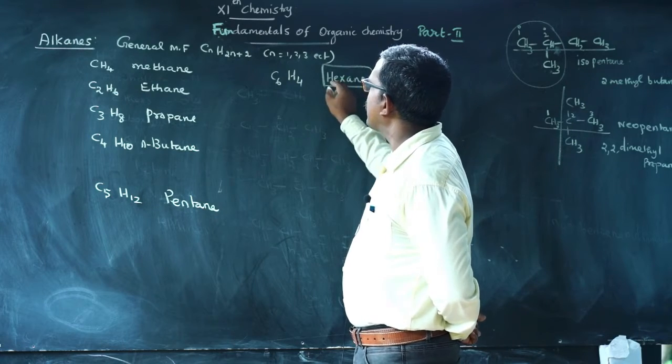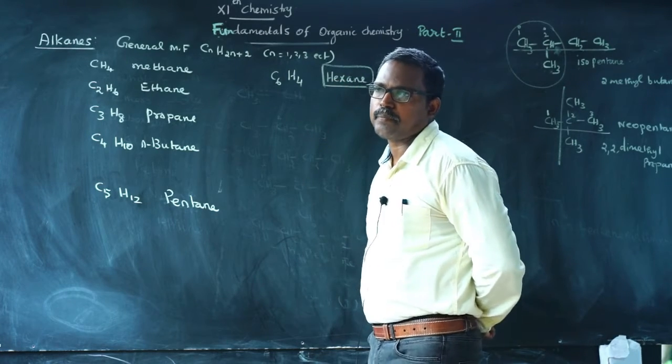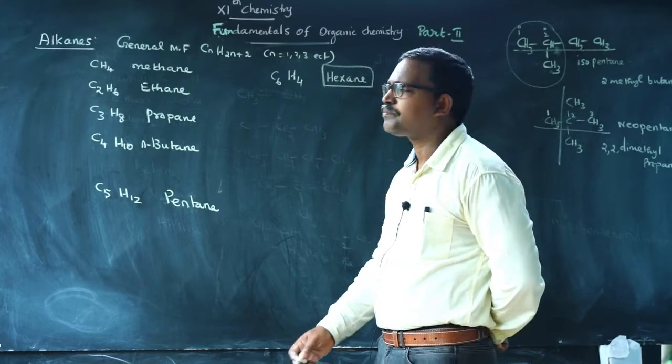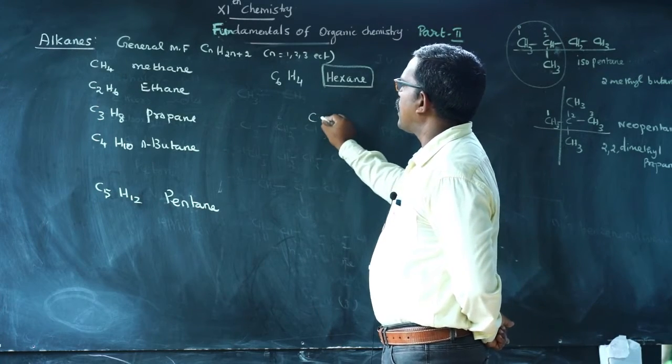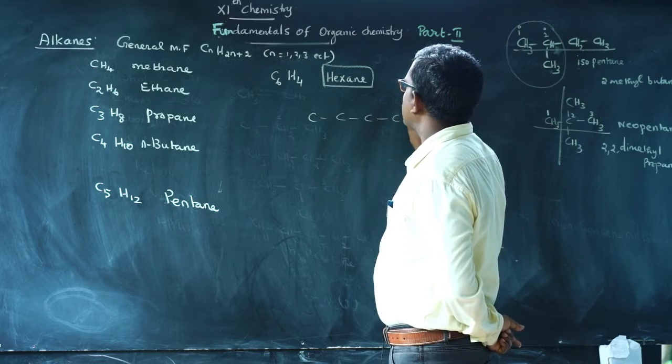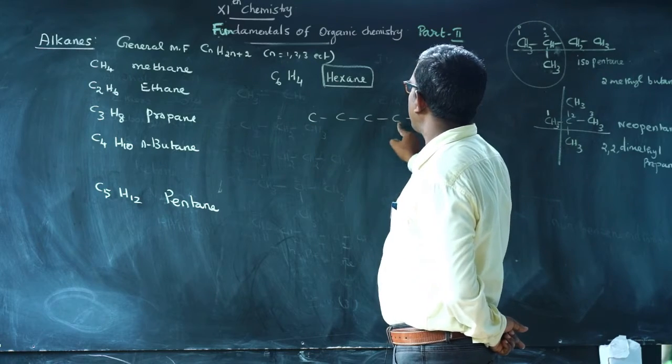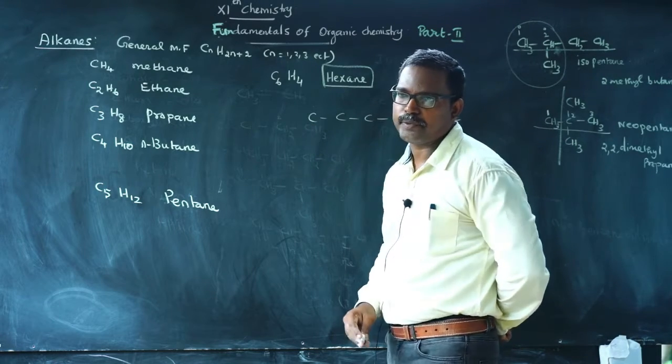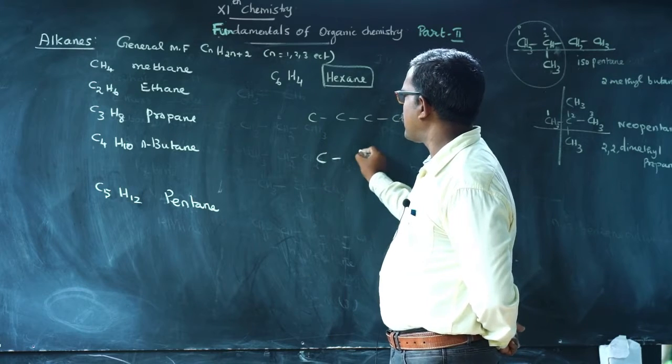First, keep in mind the parent hydrocarbon hexane. Then draw the carbon backbones of possible structures: 1, 2, 3, 4, 5, 6. This is one compound, and the others are isomeric compounds.